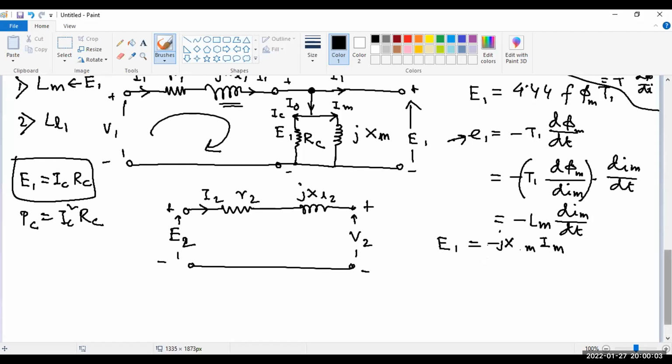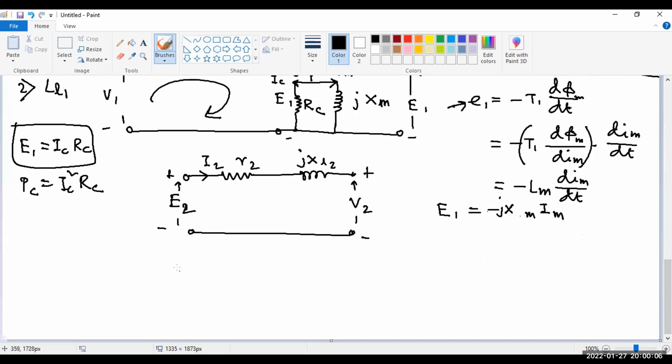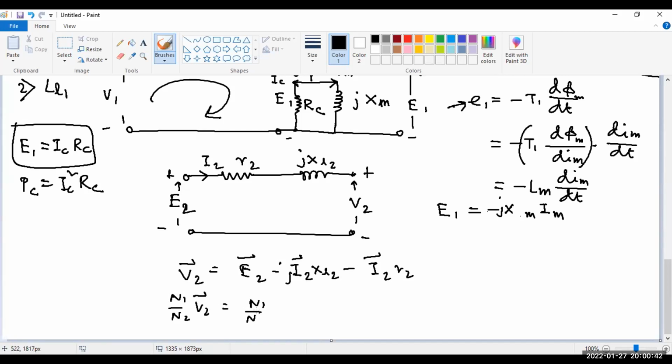So I will write once again this equation, that is V2 equals E2 minus I2 XL2 minus I2 R2, equation number 3. Now you just multiply both the sides by N1 by N2.